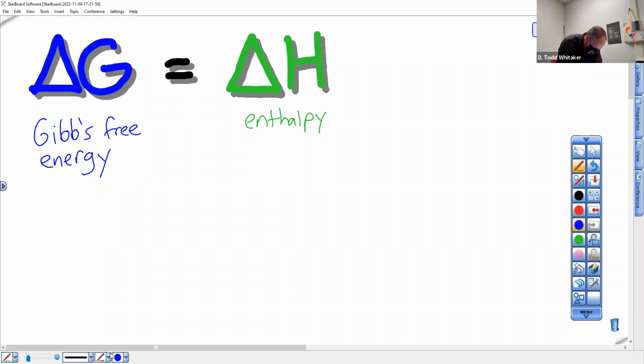Minus, in black. No, sorry. Minus T, and T is heat, so it's hanging off.